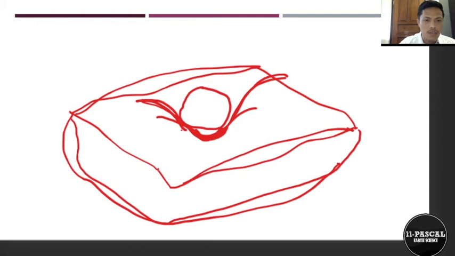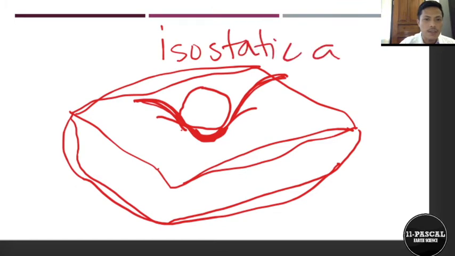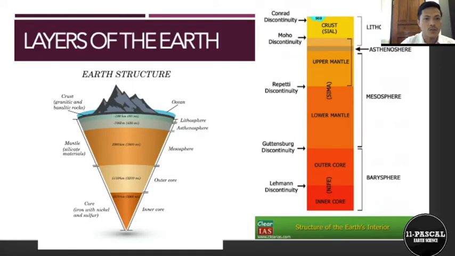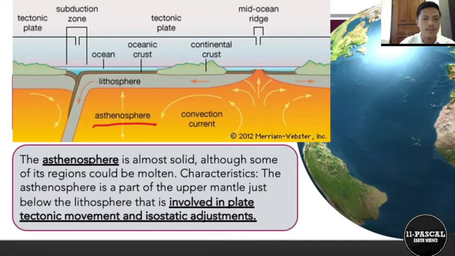The part that is pushed here is transferred on this side here. This is an example of what we call isostatic adjustment. That's what we mean by isostatic adjustment. The tectonic movements and the isostatic adjustments are happening because right below the lithosphere we have the asthenosphere.